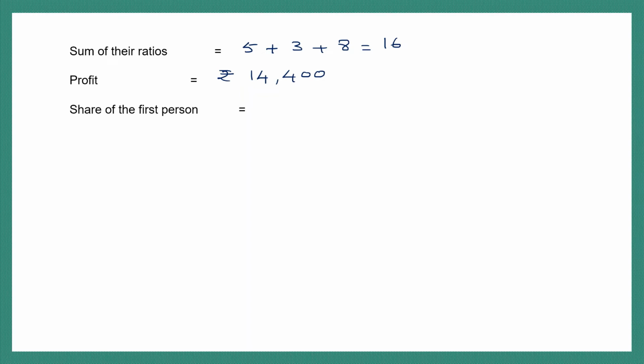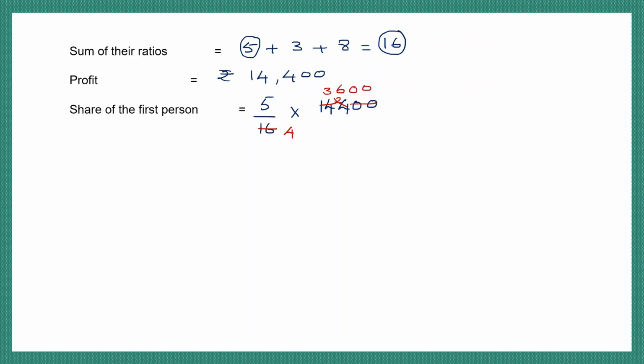So the first person's share will be, take this first number 5 divided by the sum of the ratios 16 and multiply it by the profit, which is 14,400. So let's see what we can cancel here. Let's cancel 16 and 14,400 by 4. 4 4s are 16. Here 4 3s are 12. 13, 14, 2 remaining. 4 6s are 24. 0 and 0.